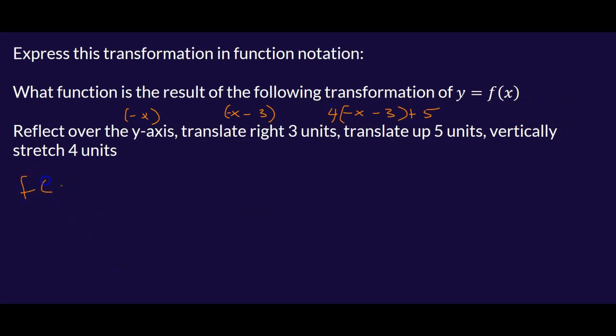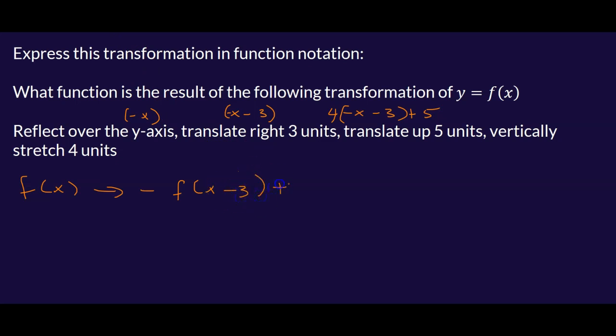So let's go ahead and deal with our transformation here. We have a reflection over the y-axis, so it's negative f of x, and we're going to translate right 3 units, so it's going to be x minus 3.